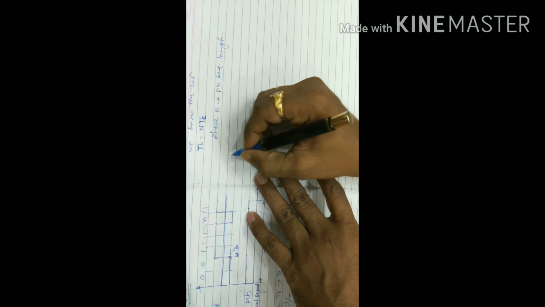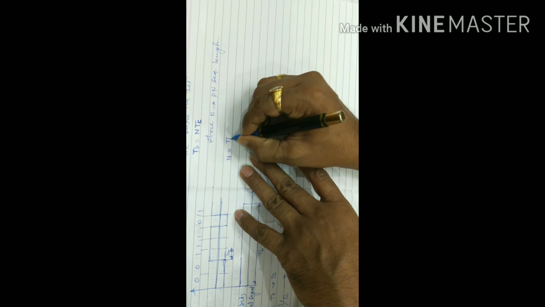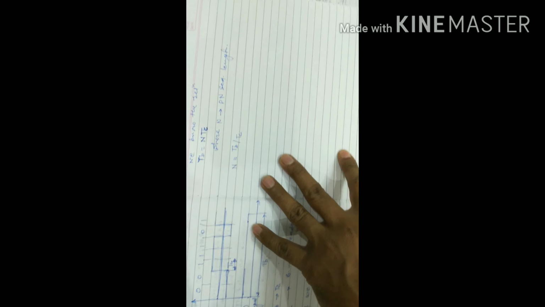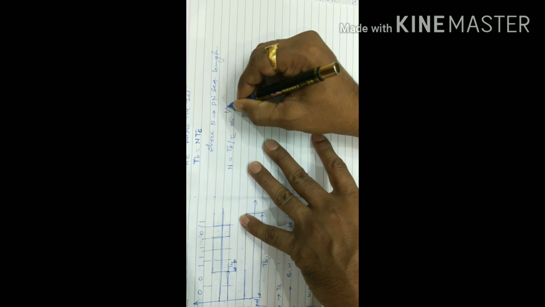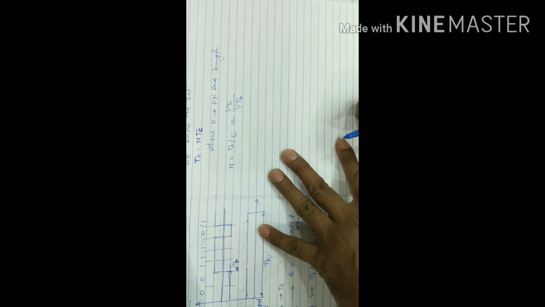If we talk about N, then we'll get TB by TC. This can also be written as 1 upon TC divided by 1 upon TB.